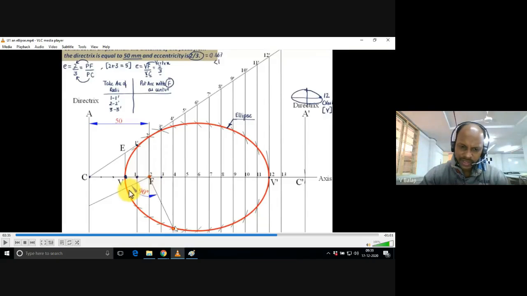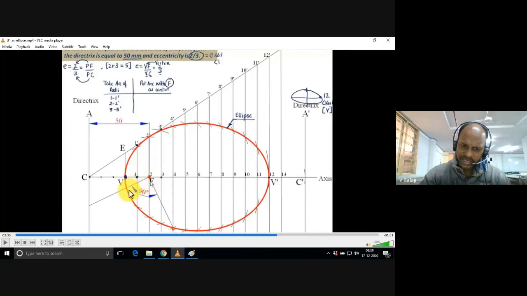First, for getting the normal and tangent at any point on the curve, I have selected one point here. From that point, I join to the focus and get one line. For drawing one perpendicular to this particular line, you can use a protractor, or your mini drafter, whose scales are at 90 degrees to each other.